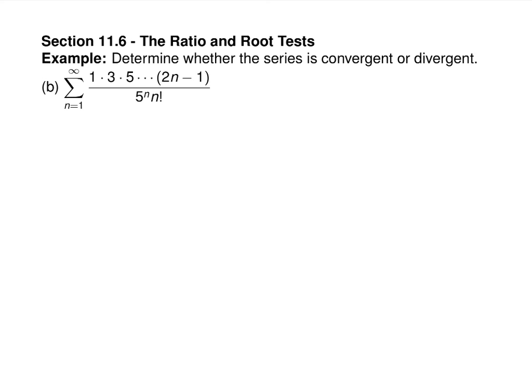This next question's a bit tricky because it's a bit tricky what to do with that factorial-ish thing in the numerator that is only odd numbers. So here we go. Let's find the limit as n goes to infinity of the n plus first to the nth term. All right, so in the numerator, we have 1, 3, 5. And when you have the n plus first term, you have one more term than is in this nth term.